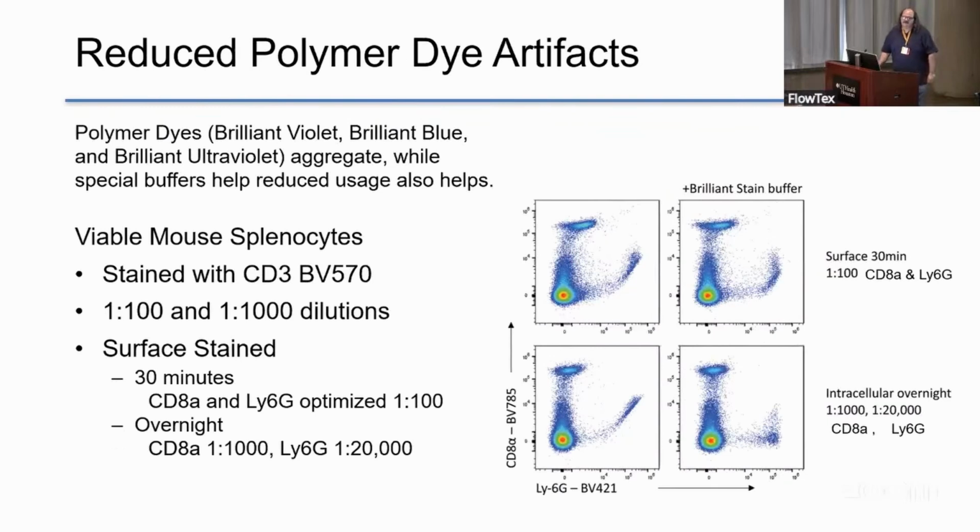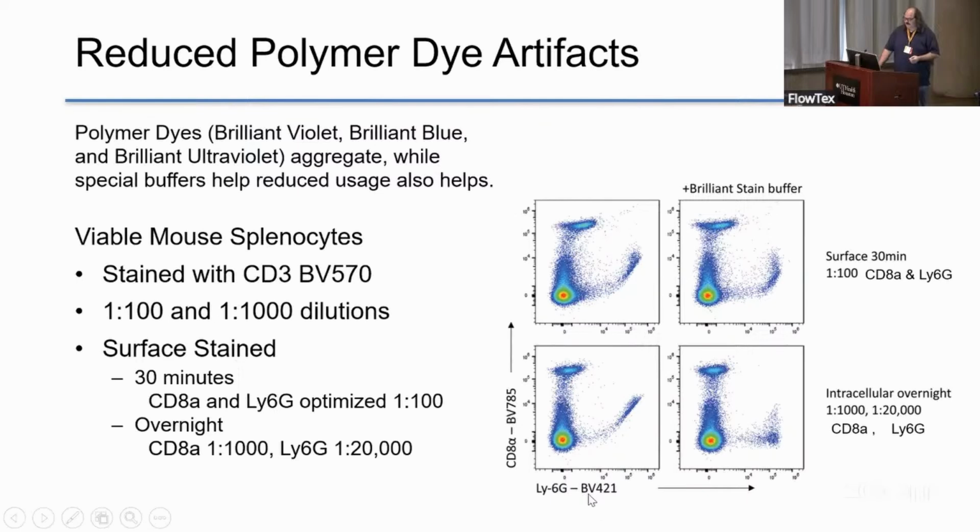Another thing that you can improve is the issue that we have with a lot of polymer dyes. As you know, all your BVs and BUVs have these polymers that love to aggregate together, and you have all this crosstalk between them if you use them in multiples. Shown here, they've stained with CD3 BV570, isolated T cells for this particular study, and then looked at both CD8 and Ly6G.